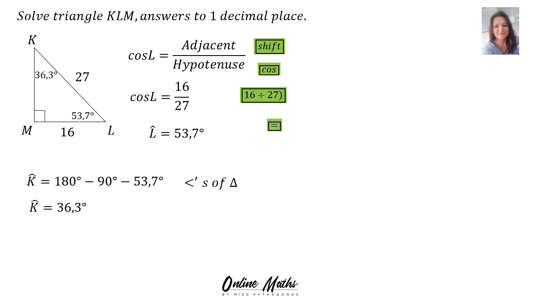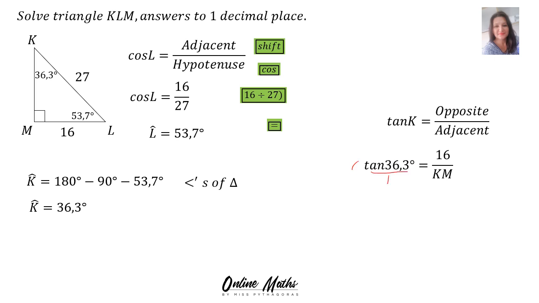And now I can work out the length of KM by saying tan K is opposite over adjacent. Therefore, tan 36,3 degrees is equal to 16 over KM. And it's KM that I want to calculate. So you put this tan 36,3 over invisible 1, and you can swap both.